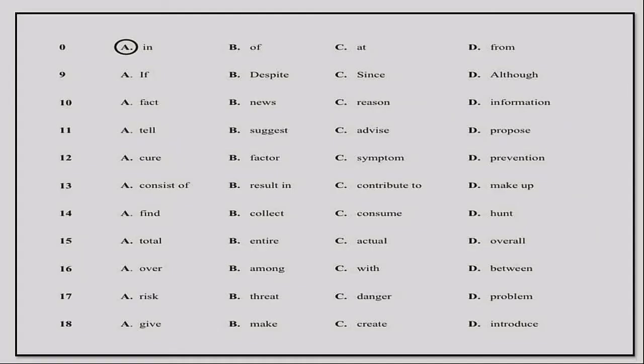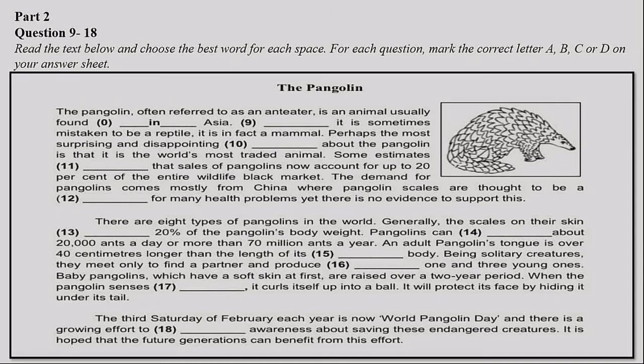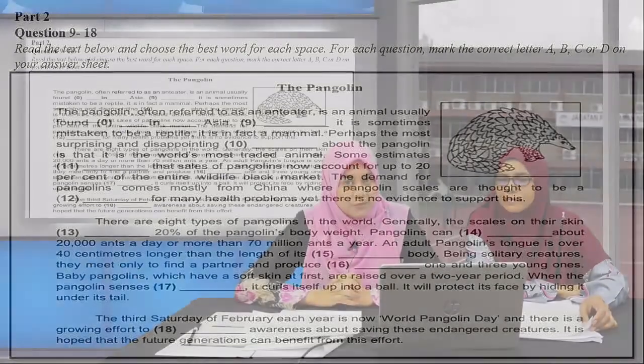If you can see, number 0 has already been completed. The answer is already given, meaning the candidate doesn't have to think about number 0. They need to proceed to number 9 until number 18. For your information, this part focuses on lexical and grammatical knowledge as well as vocabulary.